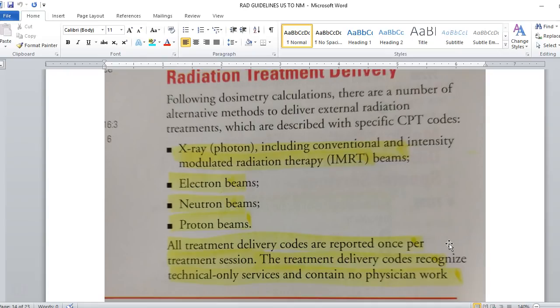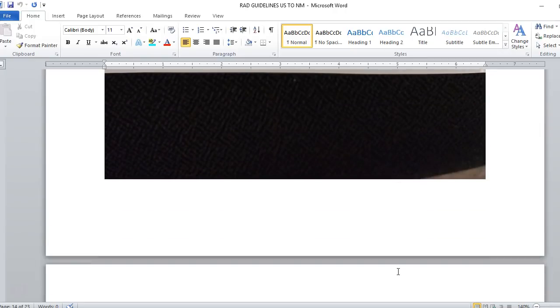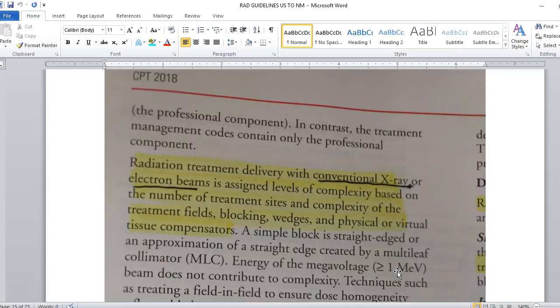The treatment delivery codes recognize technical-only services and contain no physician work. Again, this is being done by a radiology tech, so this is going directly into the bank of money for the technician fees. This is not going to the doctor, because part of what the doctor does when he's writing all this up is use the information from the technicians. And we have separate codes we'll talk about in a few minutes.